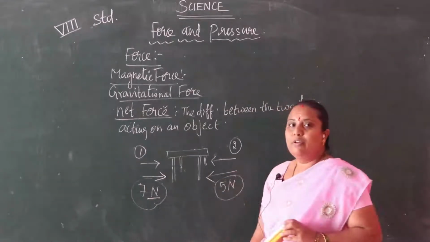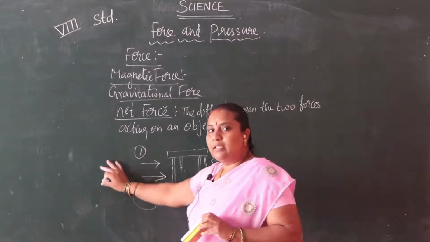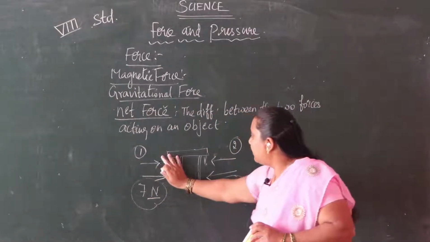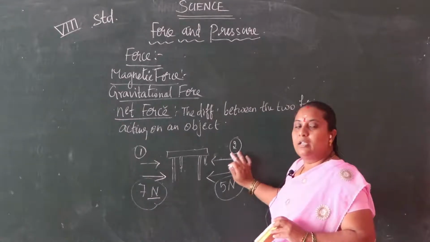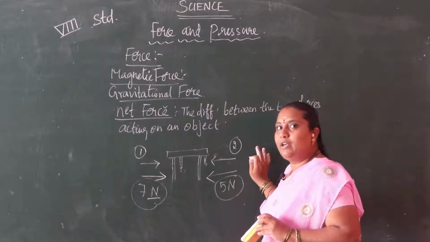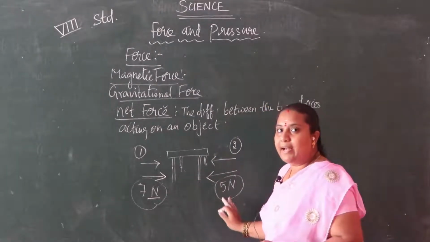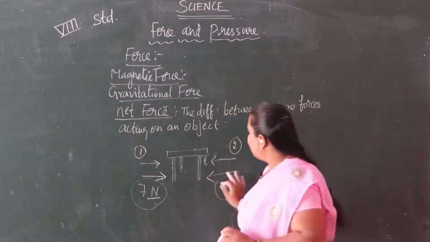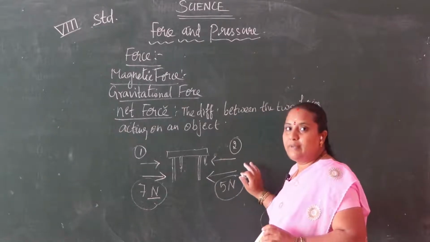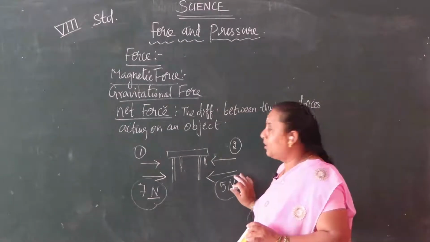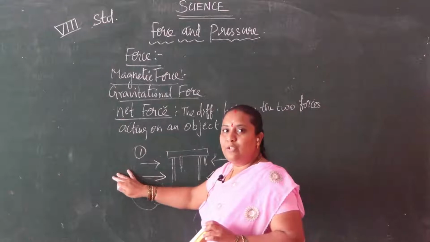Now the force given by child 1 is 7 newtons, so the table is moving this side. On the opposite side, the child is giving a force of 5 newtons. Comparing these two forces, the force given by child 2 is less than the force given by child 1.